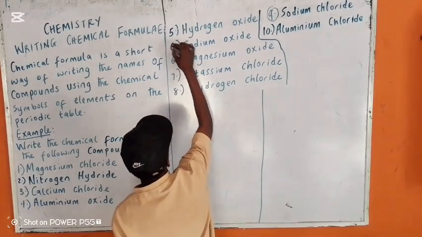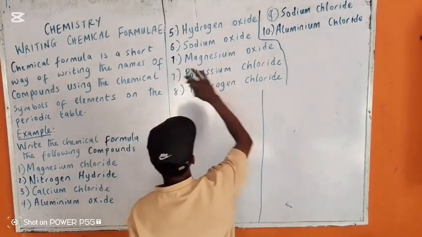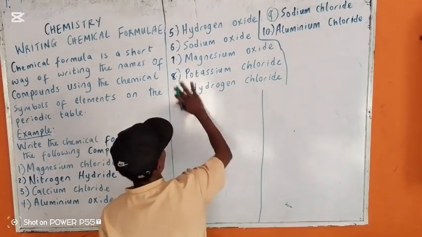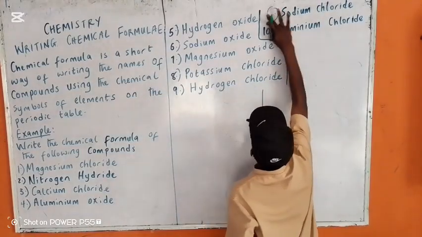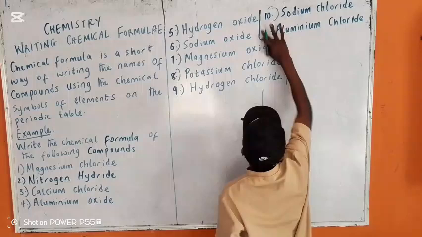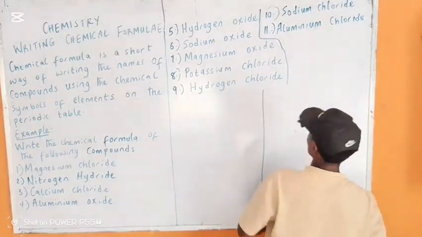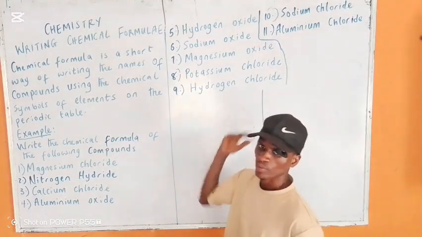Number 6, we have sodium oxide. Number 7, we have magnesium oxide. Number 8, we have potassium chloride. Number 9, we have hydrogen chloride. Number 10, we have sodium chloride. Number 11, we have aluminium chloride. So we have to write the chemical formula of these compounds here.